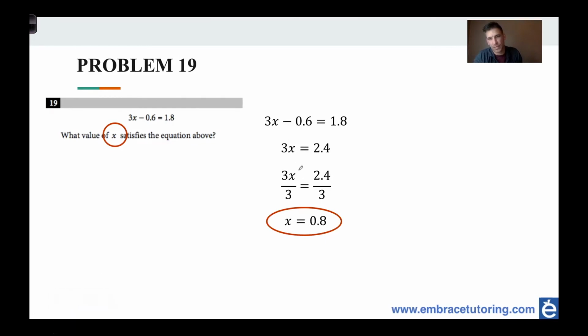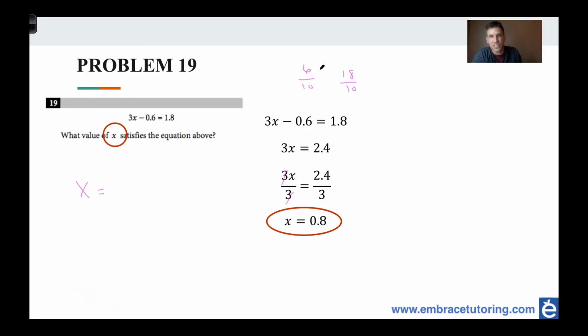Let's pretend you have trouble with decimals, though. Let's pretend I'm going to do this a little bit differently. You know that x, after I cancel these out, and I hope this helps you guys on test day, x equals 2.4 over 3. Now remember, 2.4, or for that matter a 0.6, is really 6 out of 10, and a 1.8 is going to be 18 out of 10.